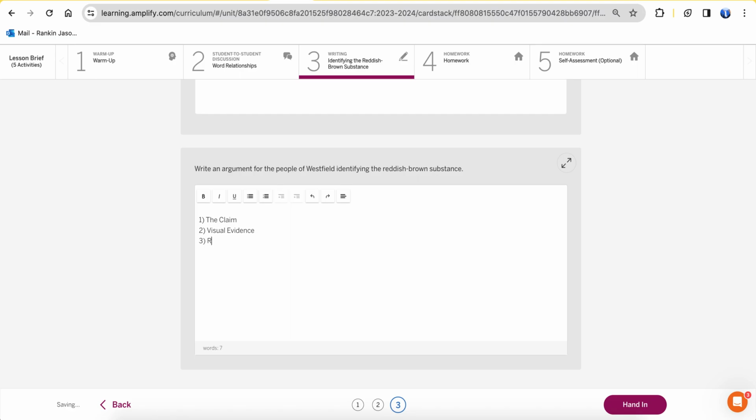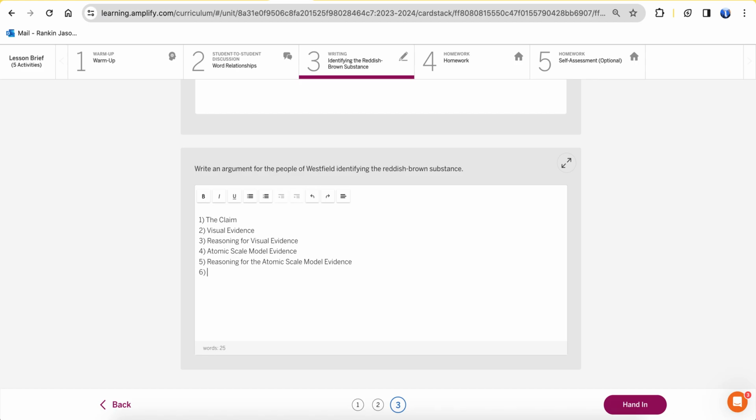Then reasoning for visual evidence. 4, atomic scale model evidence. 5, reasoning for the atomic scale model evidence.